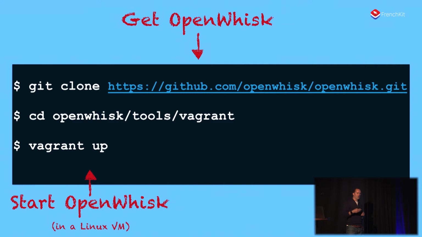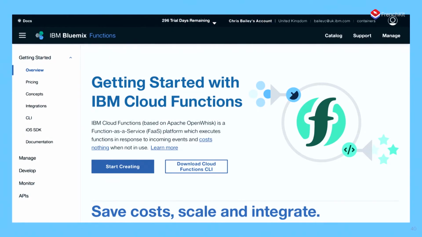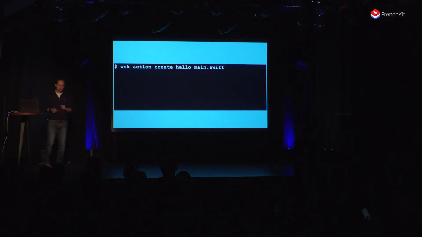But the way you program doesn't require you to worry about the fact there's a server there. So a couple of quick commands, and I now have a server running on my machine, or I can deploy it to a cloud. In the case of OpenWhisk, one of the options is to run it under IBM Cloud Functions. So I've either got my Vagrant image running up, or I'm going to deploy it to a cloud.